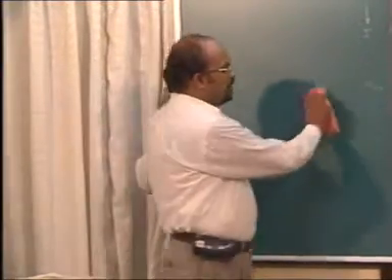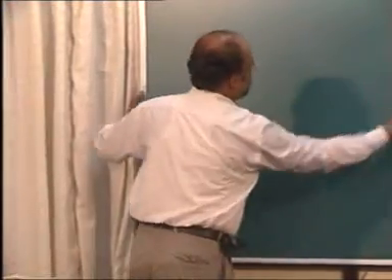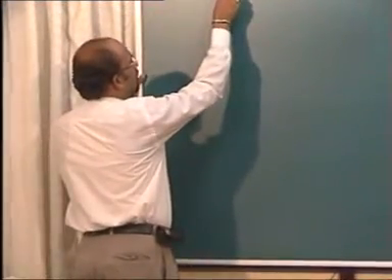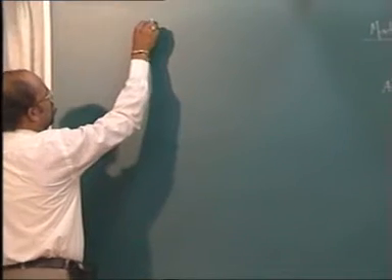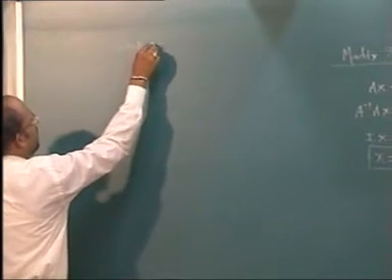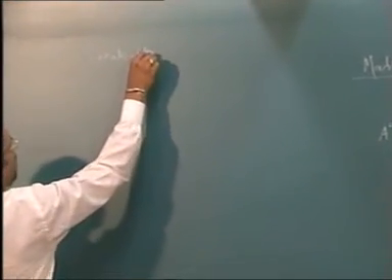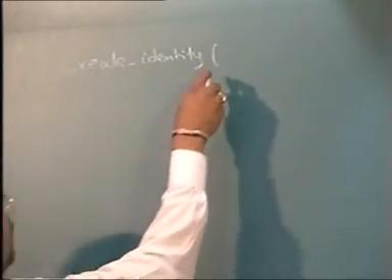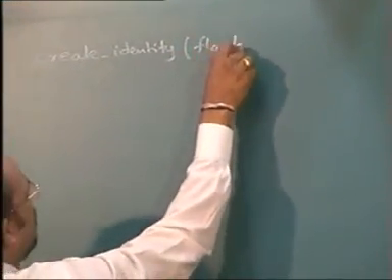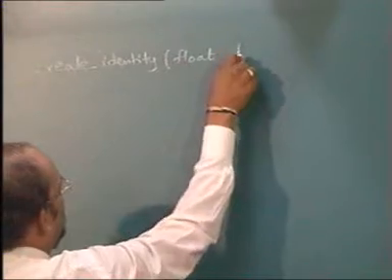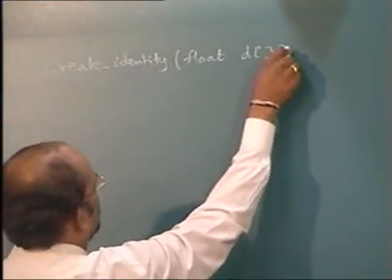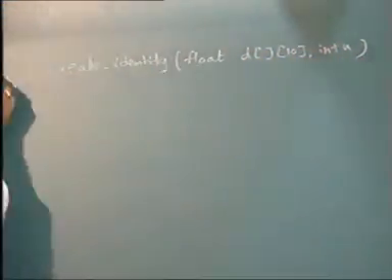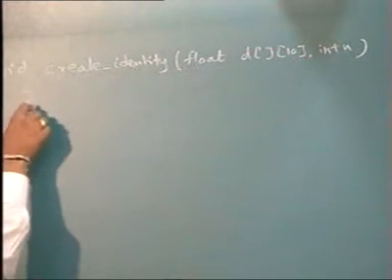Now to do this job, I will first of all say create identity, because I will require one identity matrix. Float D, int n, a function which will create the identity matrix.